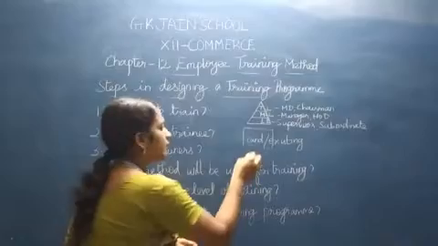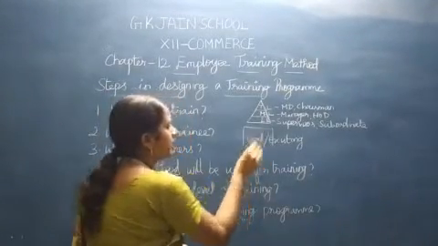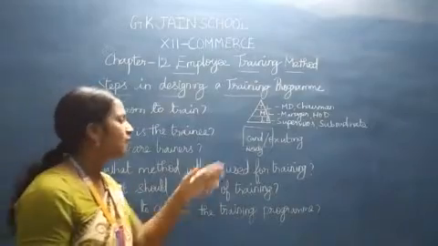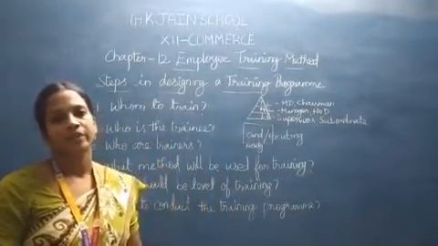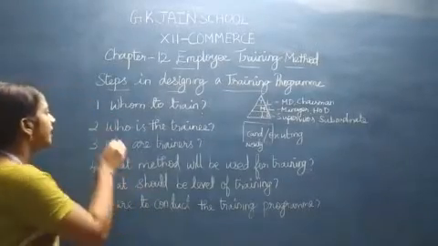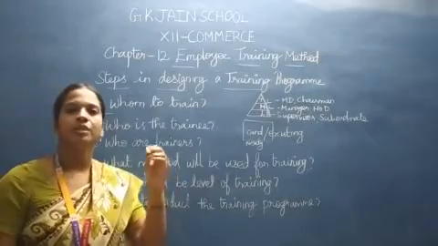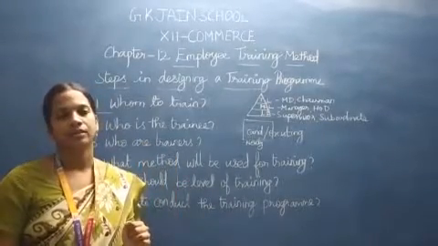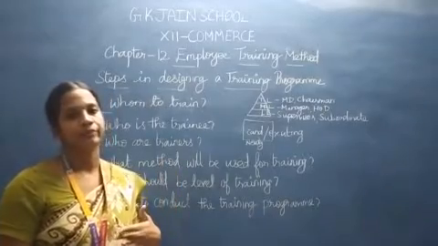It can be provided for a newly joined candidate, or for those already existing. In the first step of the training program, they want to decide to whom the training is important or whom they require.